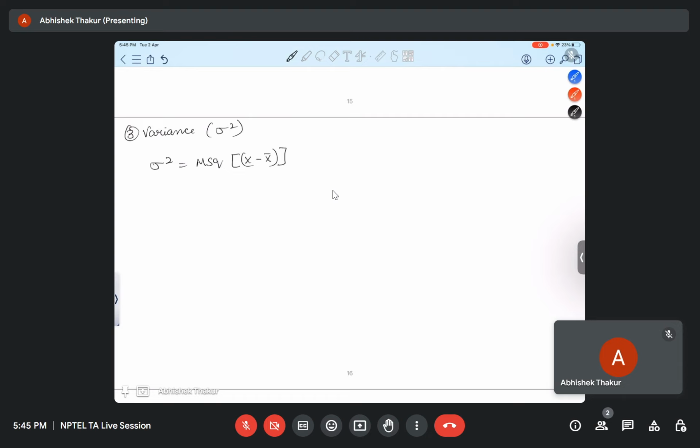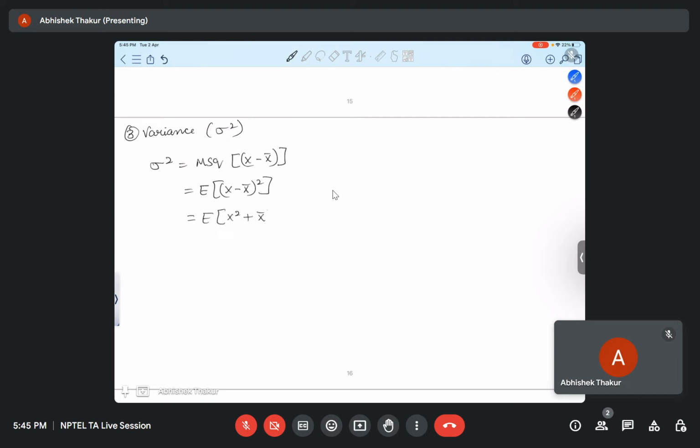This is the deviation of the value x from its mean x bar. So that can be given as E of (x minus x bar) squared. So this can be written as E of x squared, and this x bar is the mean.